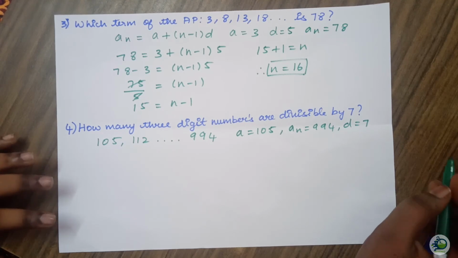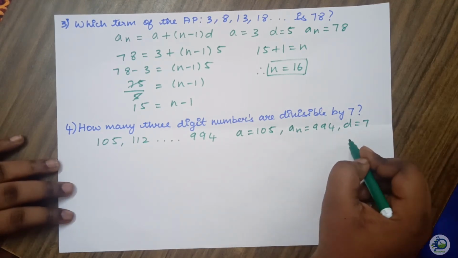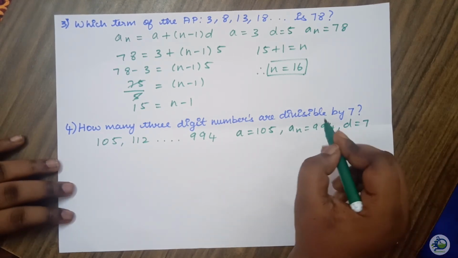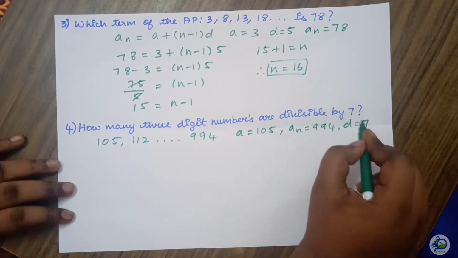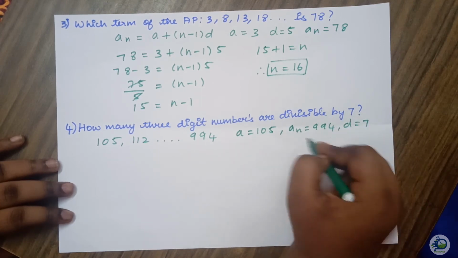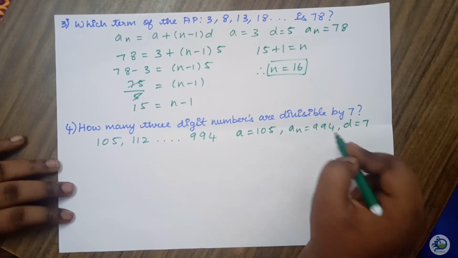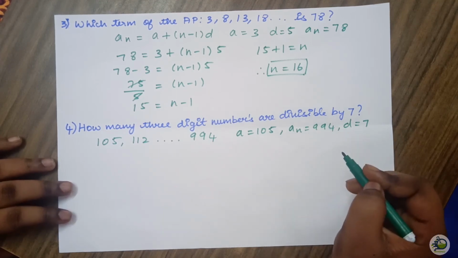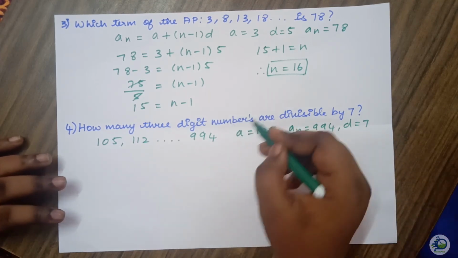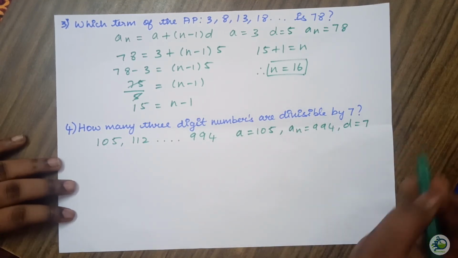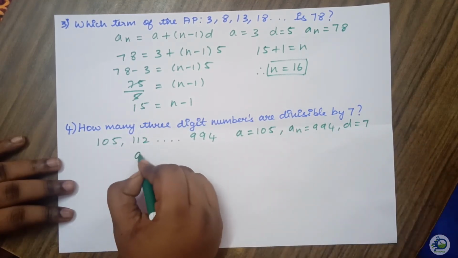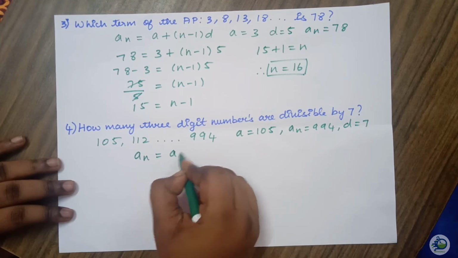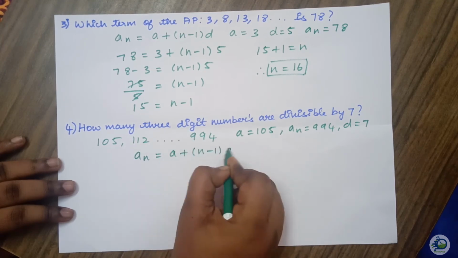Now what we are going to find is the position of 994, because this is the last number that is divisible by 7. So if we find the nth value, the position of 994, then we can find how many 3-digit numbers are divisible by 7. So let's substitute in the formula. an is equal to a plus n minus 1 into d.